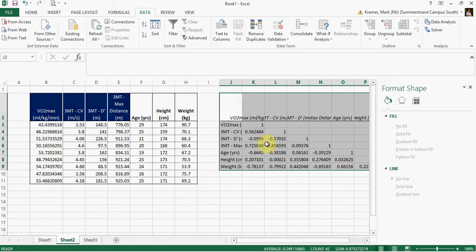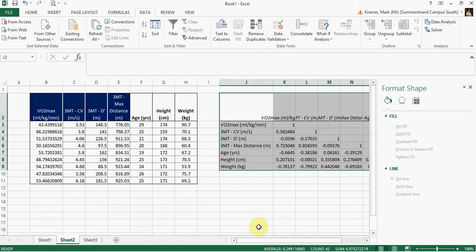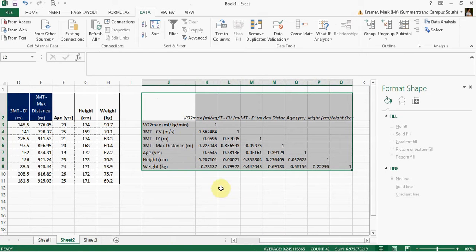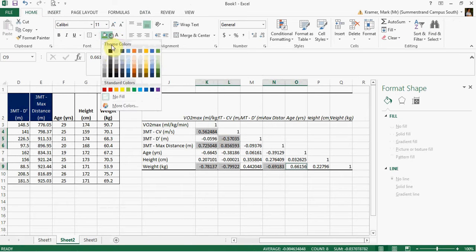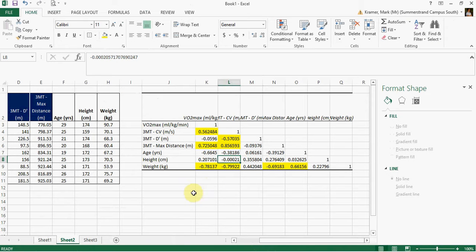Press OK, and I should see a whole bunch of correlations. Remember, a moderate correlation at the very least is something that I need, so I highlight a bunch of these variables that are greater than 0.5, and I can see that there are quite a few that are already correlating. So that's a good thing.